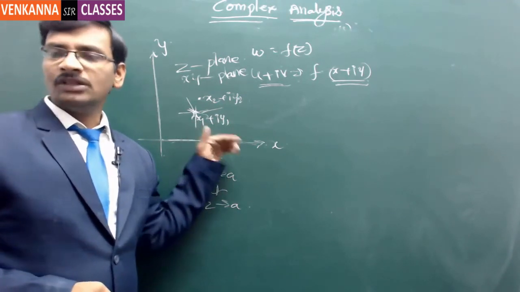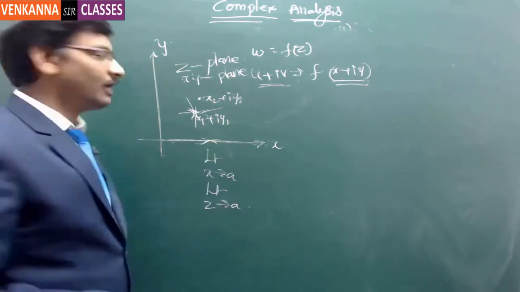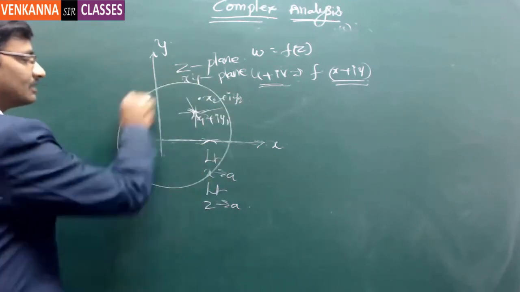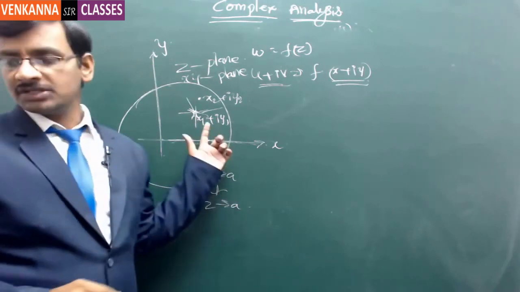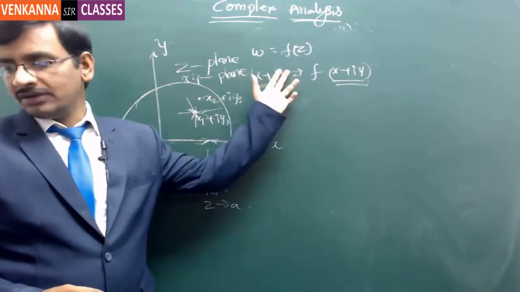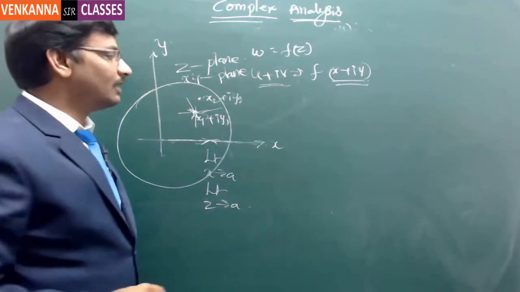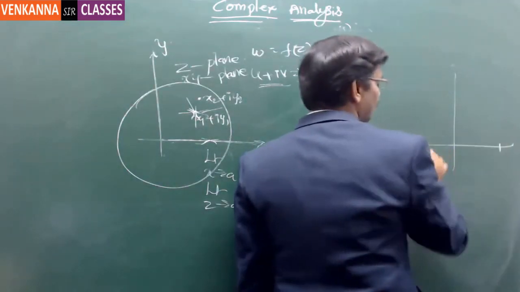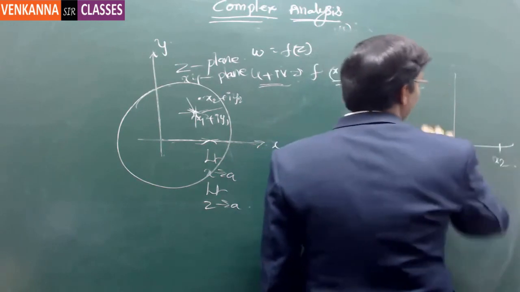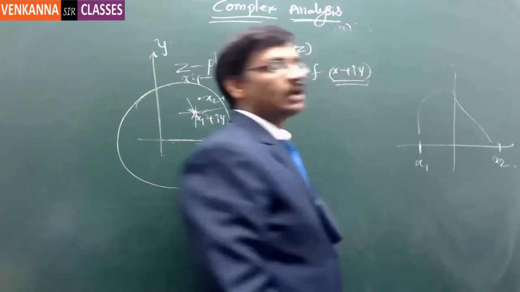Now, the set of all the points for which you wanted to identify will constitute a region like this. Within this particular region, you wanted to identify the function value w equal to f of z. The way you identified in a real valued function, for each value of x within this particular range x1 to x2, what is the function value? That's what you are trying to calculate.